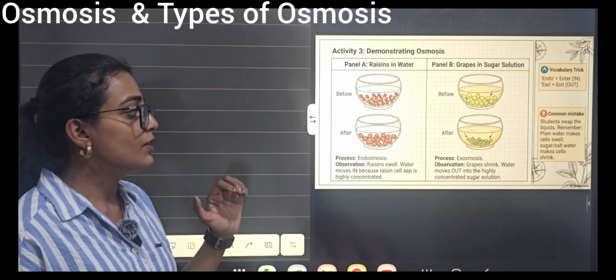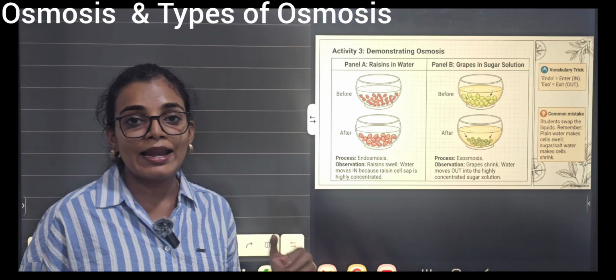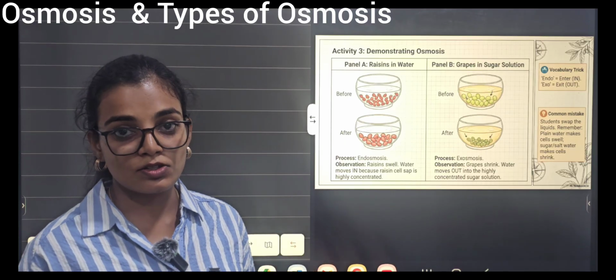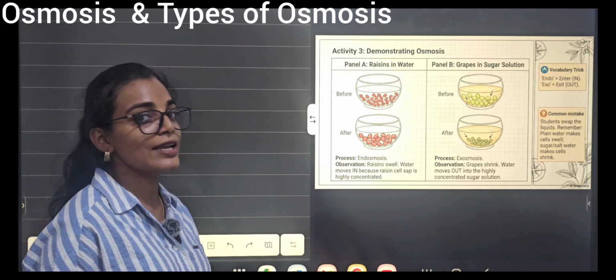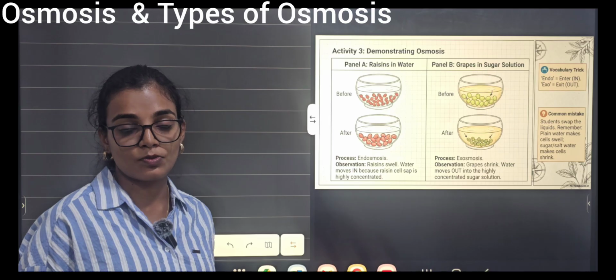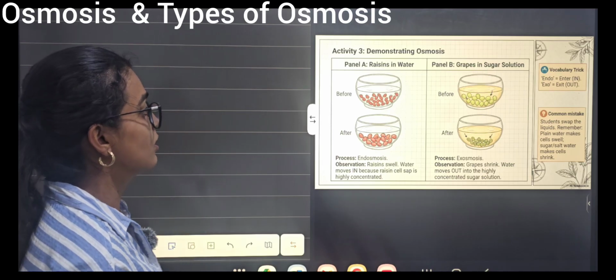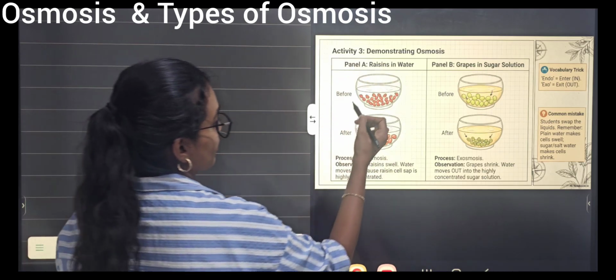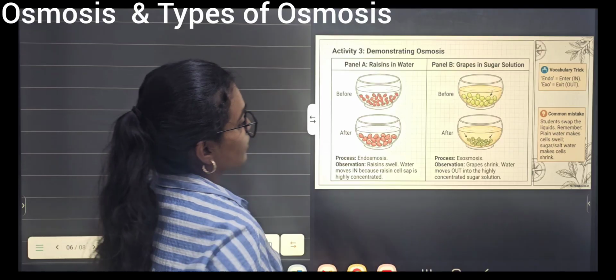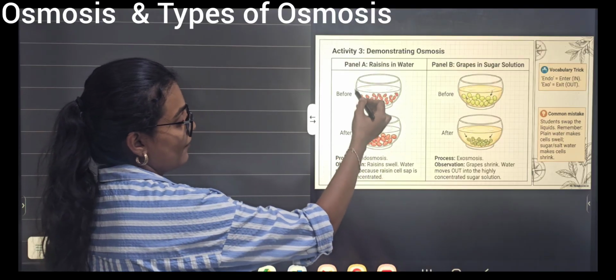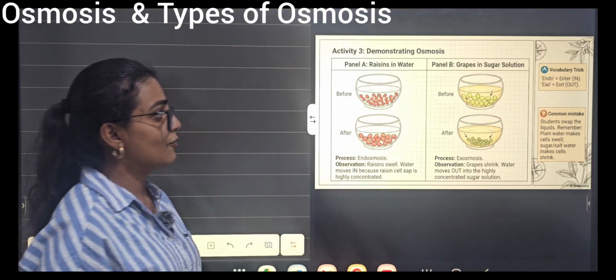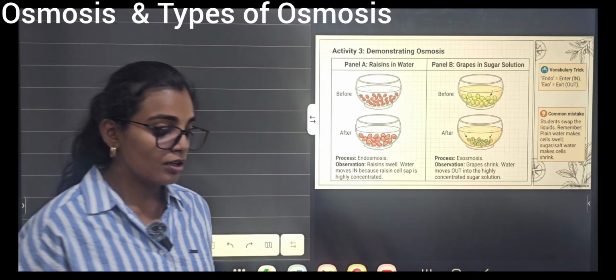There are different types of osmosis: endosmosis and exosmosis. Let us see what is endosmosis and what is exosmosis. For example, here they have taken a bowl and placed raisins in it.